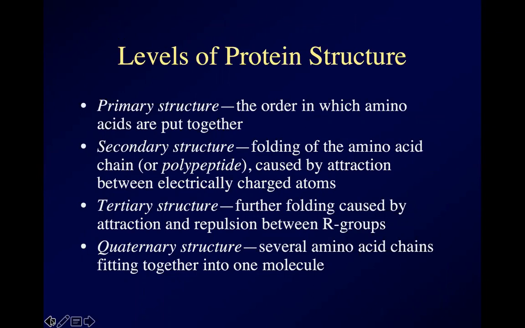To describe a protein, you can describe it on several different levels. And the lowest is you can simply describe the order in which you put the amino acids together, and we call that primary structure. It would be kind of like describing a poem by starting by describing the order in which you put the letters.